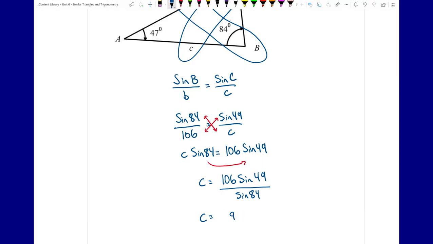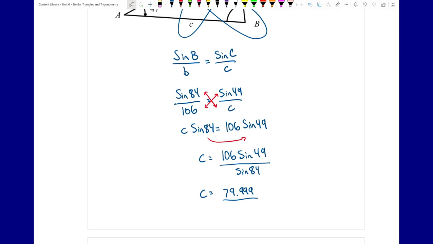This one you probably could have rounded to 80, but I want to keep it consistent by not rounding too much. And then sine 84 works out to 0.995. And when I divide those two, I get a side length of 80.4.